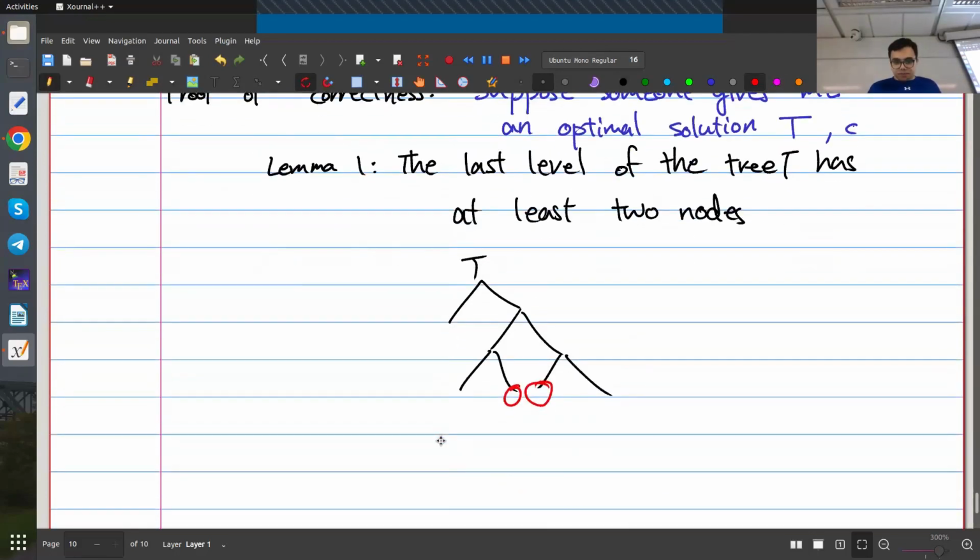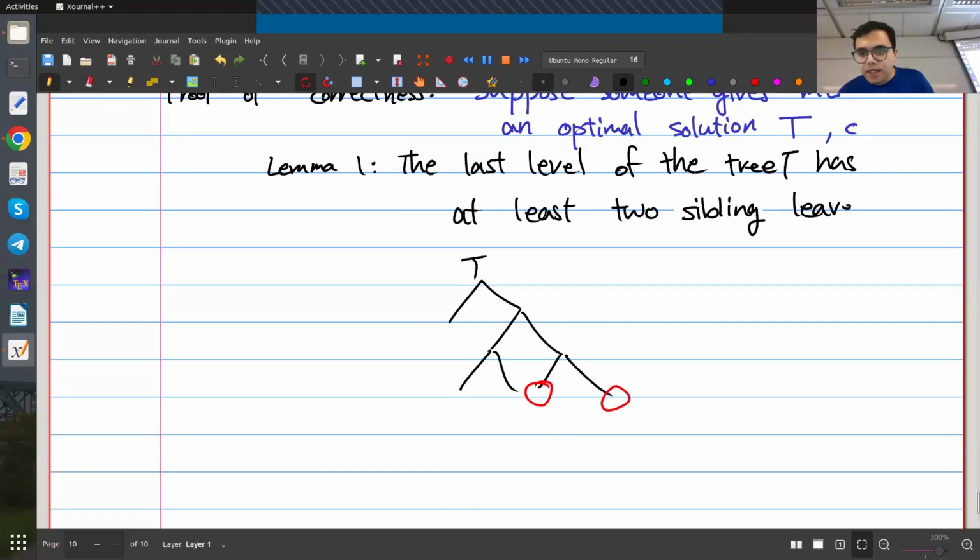Additionally, I can always make sure that these two leaves are siblings, right? Because I'm always adding pairs of siblings. So the last level has at least two sibling leaves.